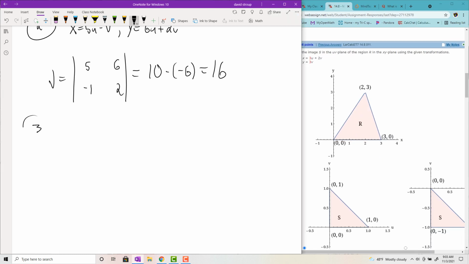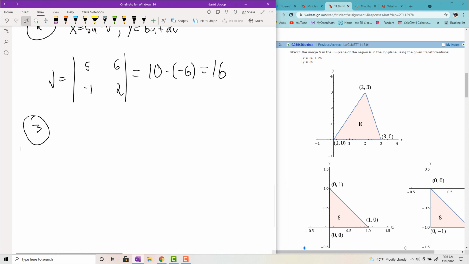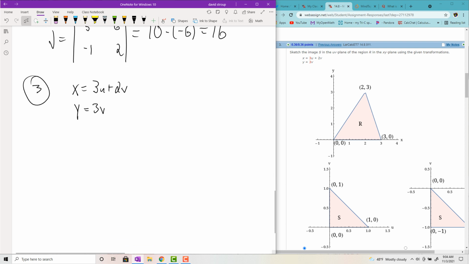So number 3, and I'm not an expert in Jacobians by any stretch of the imagination, so I rarely use them. Okay, x equals 3u plus 2v, y equals 3v. We want to figure out what this thing looks like in the uv plane, and they give you a picture in the xy plane.